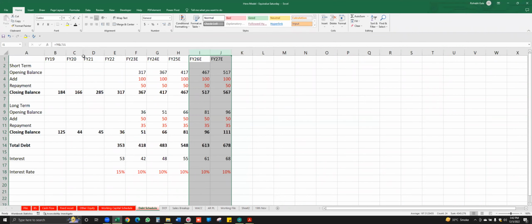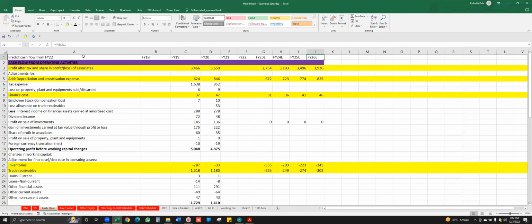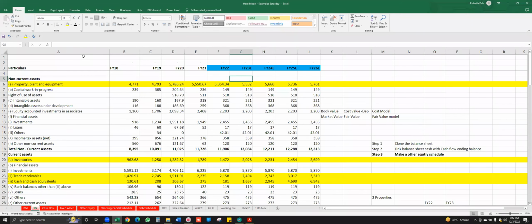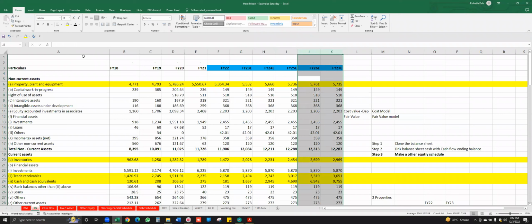All schedules done first. First do your schedule, then do your cash flows, then come on to your balance sheet. It will tally. This is one of the most important things to do.